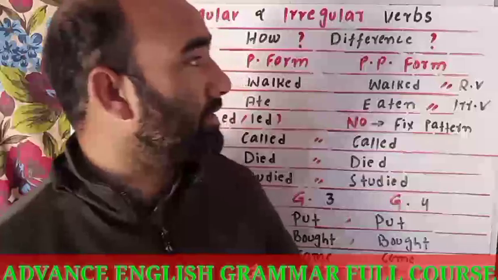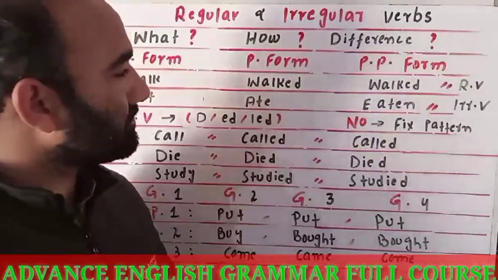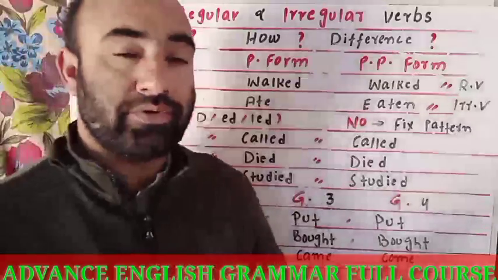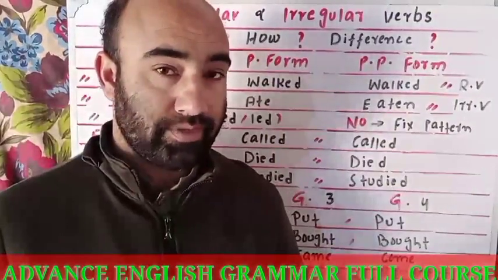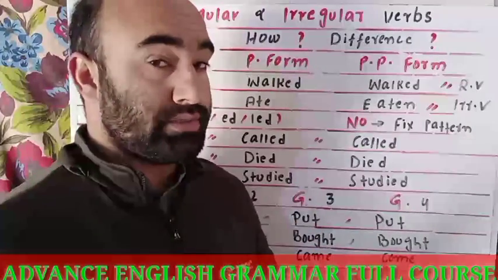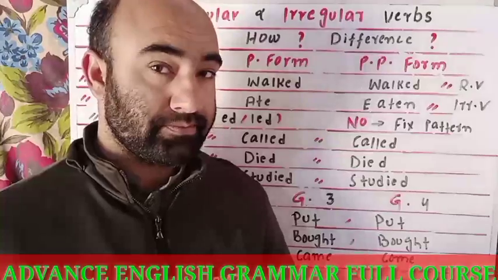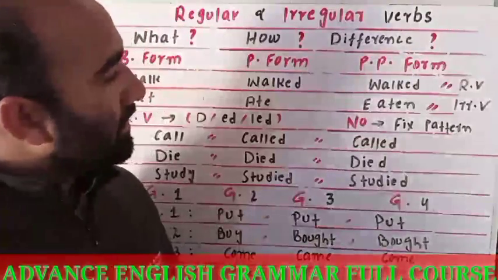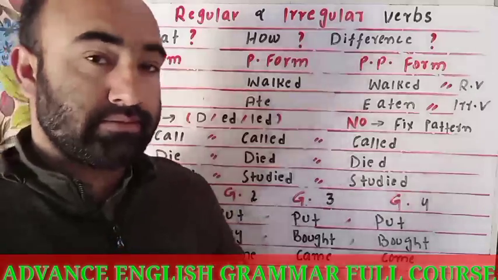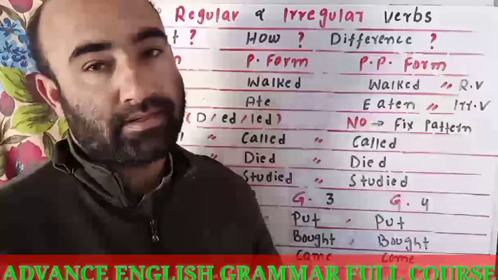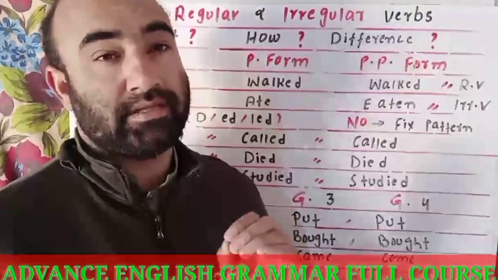Now we are going to discuss the regular and irregular verbs. Regular verbs are those which have some rules and regulations. Irregular verbs are those which don't have rules and regulations. Keep in mind, the verb has three forms: first form, second form, and third form.